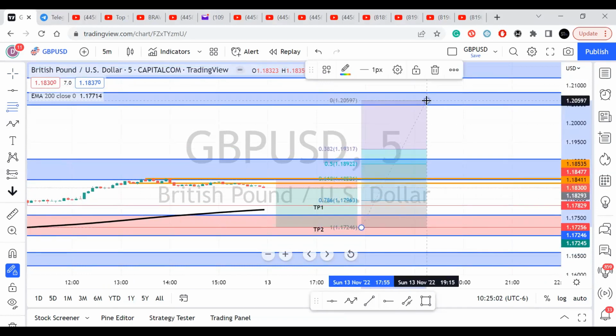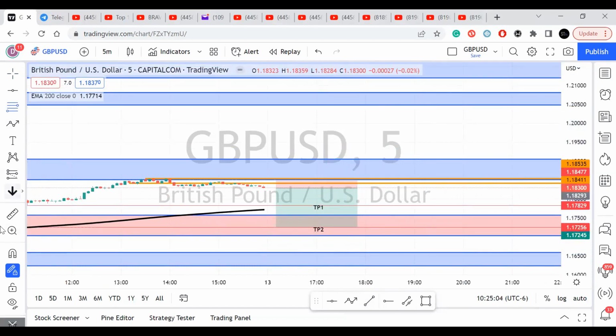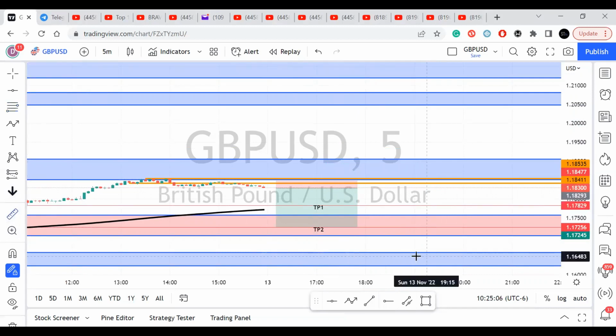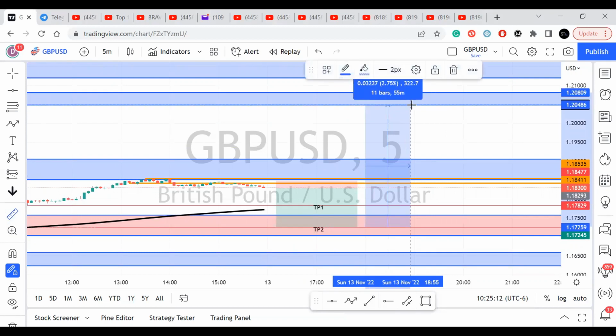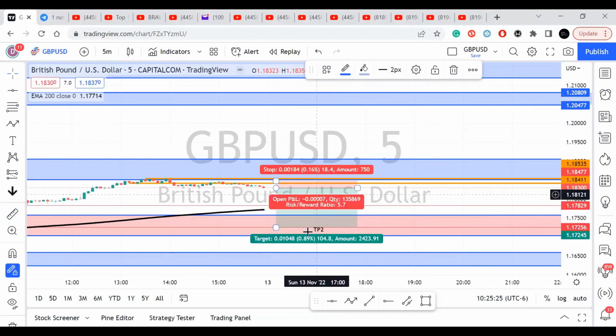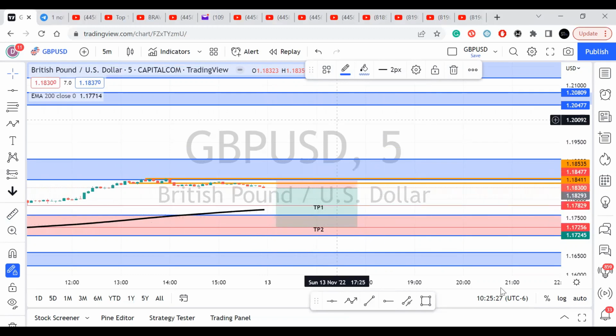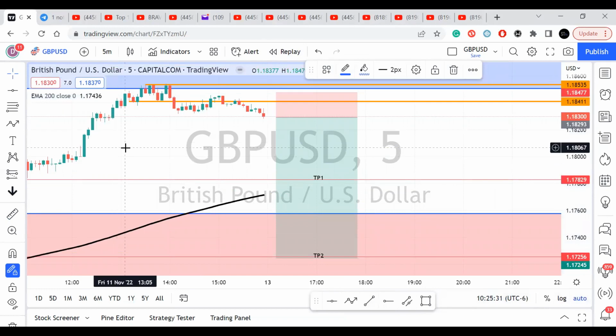I need a ruler. So I'll be expecting a buy into this, about a 300 pips move, around Monday, Tuesday, Wednesday. But for now, this is what we're looking at at the moment. So that is it for now, guys.